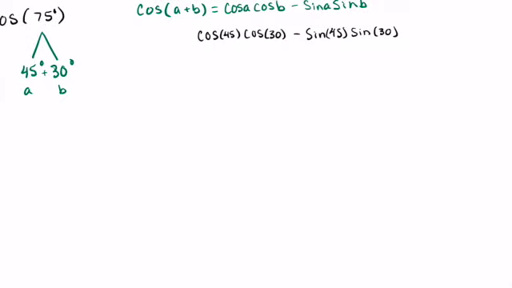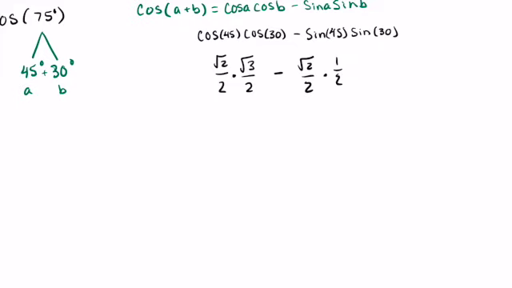We know that the cosine of 45 is root 2 over 2. The cosine of 30 degrees is root 3 over 2, minus the sine at 45 degrees, which we definitely know is root 2 over 2. And then the sine, the y value, at 30 degrees is 1/2.